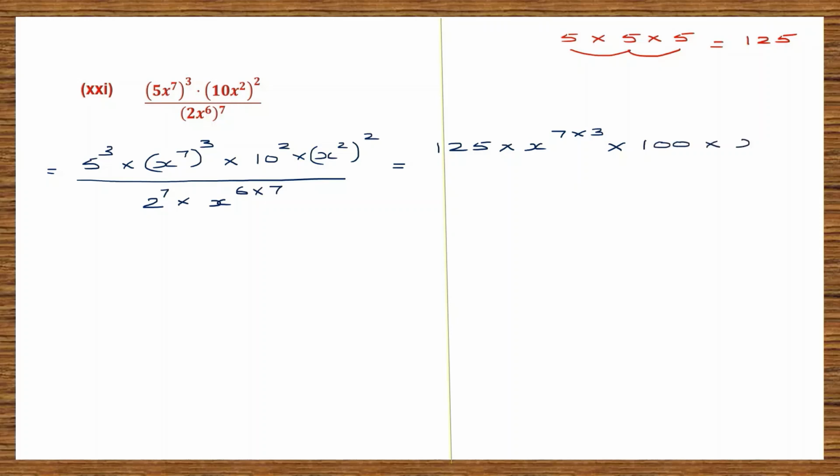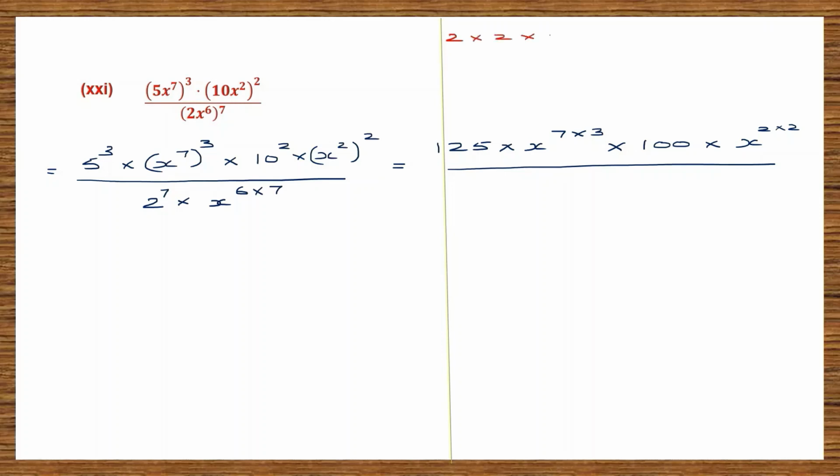Into x to the power of 2 into 2 divided by, now 2 to the power of 7, how much is that? Let's multiply and see what 2 to the power of 7 is. 2 to the power of 7 means we multiply 2 7 times: 2, 3, 4, 5, 6 and 7. 2 2s are 4, 4 2s are 8, 8 2s are 16, 16 2s are 32, 32 2s are 64, 64 into 2 is 128.